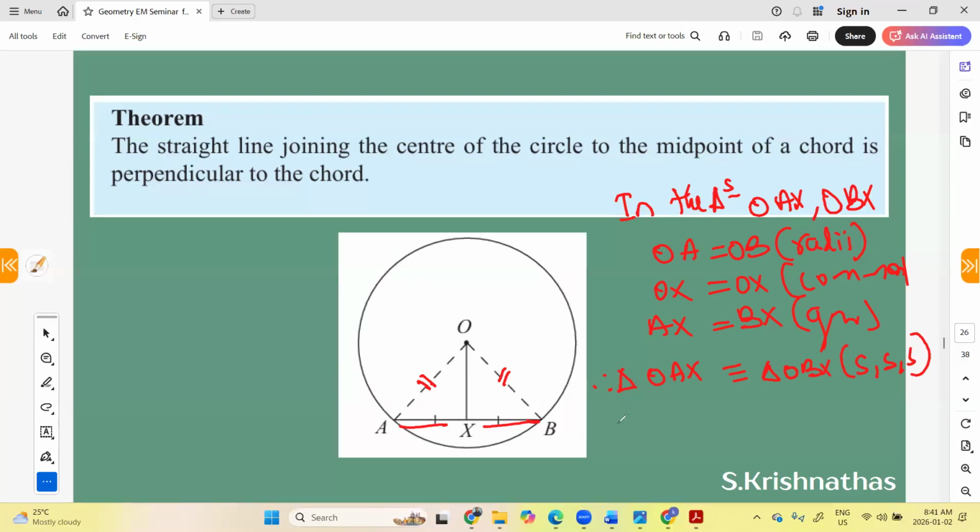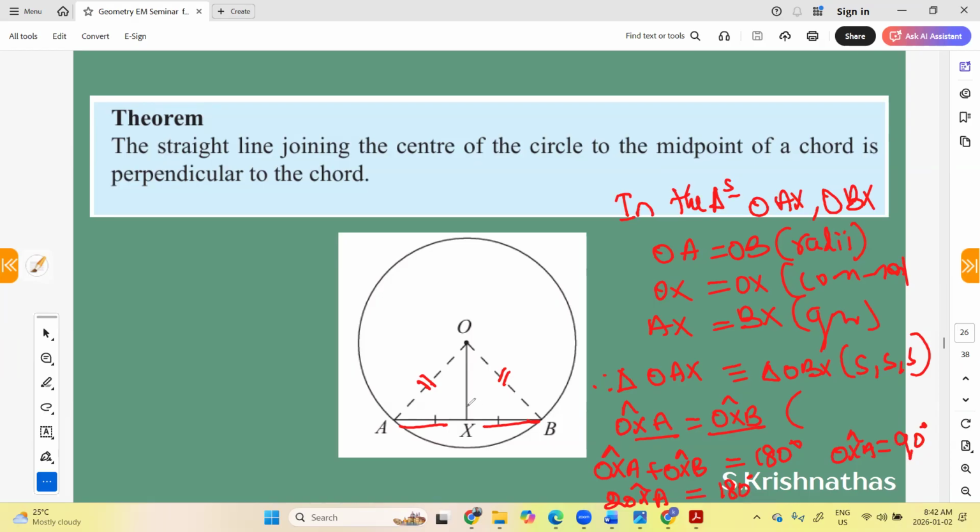If the two triangles are congruent, angle OXA equals angle OXB, corresponding elements of congruent triangles. But OXA plus OXB is 180 degrees. So 2 times OXA equals 180 degrees. So OXA equals how much? 90 degrees.